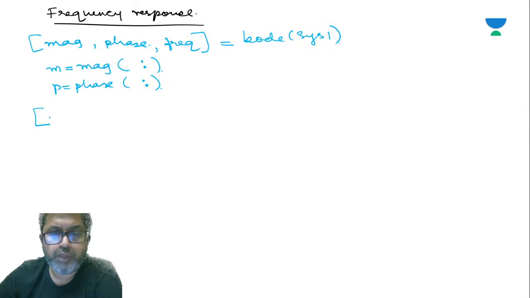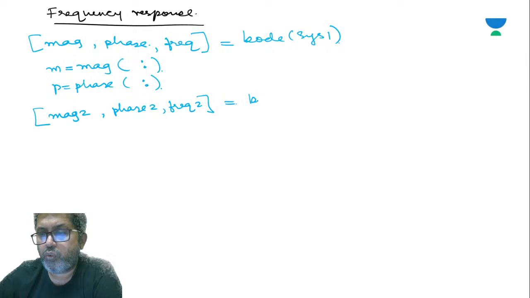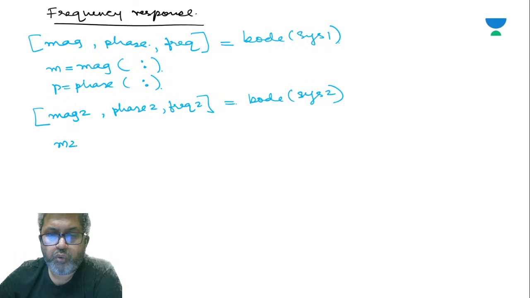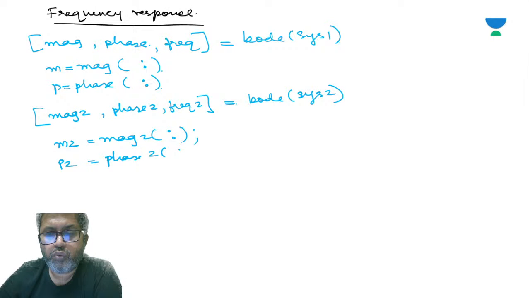Similarly I will say mag 2, phase 2, frequency 2 is equal to bode sys2. M2 is mag 2, P2 is phase 2, column, then semicolon.